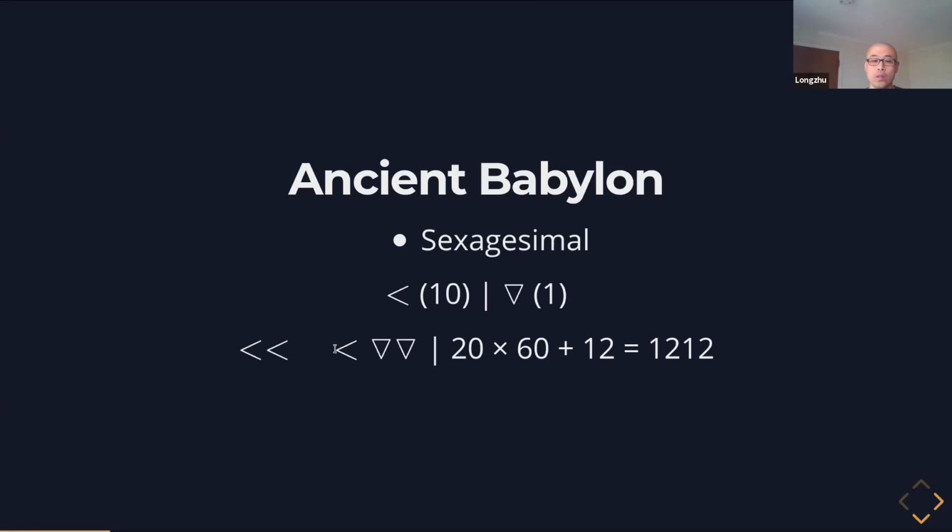In the second digit, they have 2 10s. Then each 10 represents a 60. So you have 20 times 60. In the first place, you have 10 and 2 1s, that comes to 12. And the overall representation is 12, 12. So this is their system, very interesting.